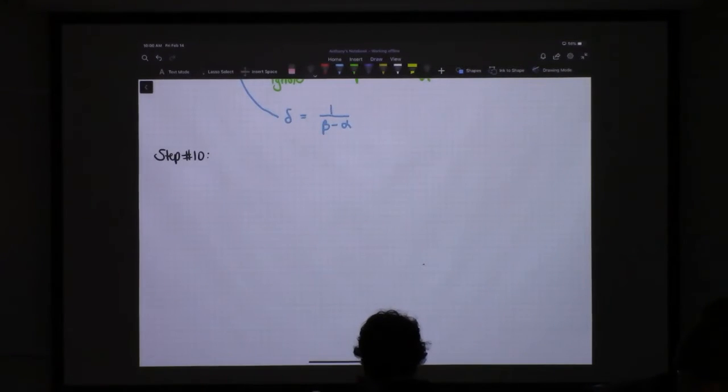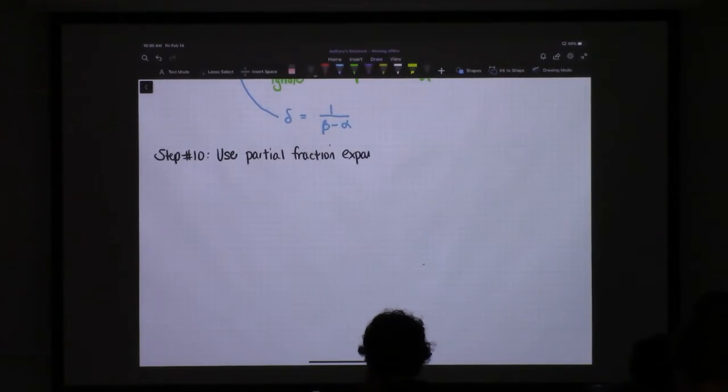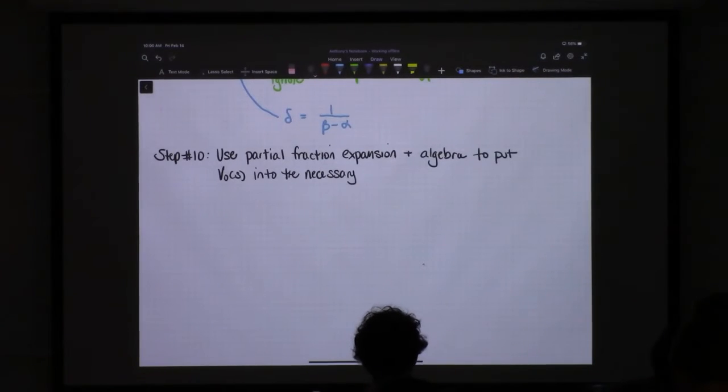And I'm just going to say, because there's a whole bunch of steps in here, use partial fraction expansion plus just good old algebra to put VOS into the necessary form.